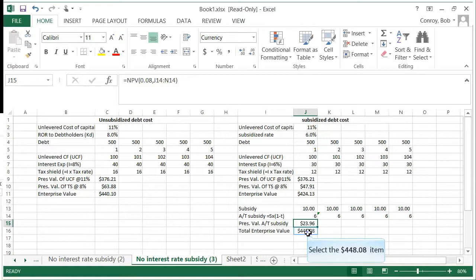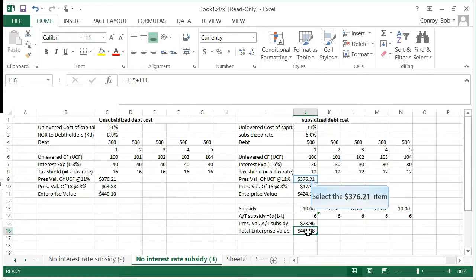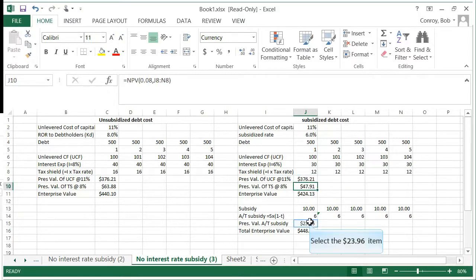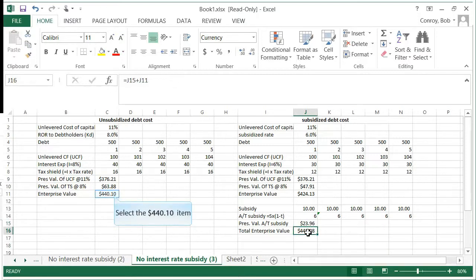And the total enterprise value that incorporates the present value of the unlevered cash flows, the present value of the tax shield, plus the present value of the after-tax subsidy winds up being 448, which is gratefully larger than the 440 over here.